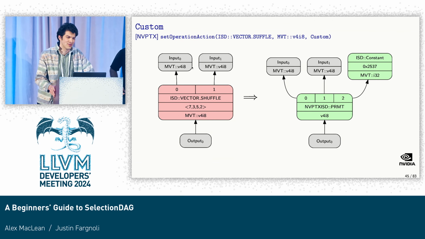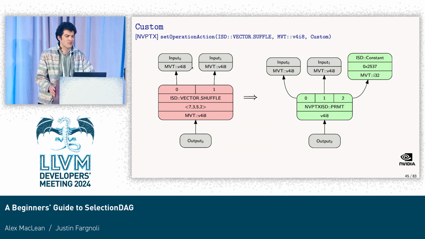Thank you for the talk. On one of the slides, you showed a custom lowering of vector shuffle to the NVPTX permute instruction. I believe you can also do that in TableGen. So what determines the approach you take? This is an interesting point. Anything that's being done during operation legalization, we can also just pass through and handle in instruction selection.